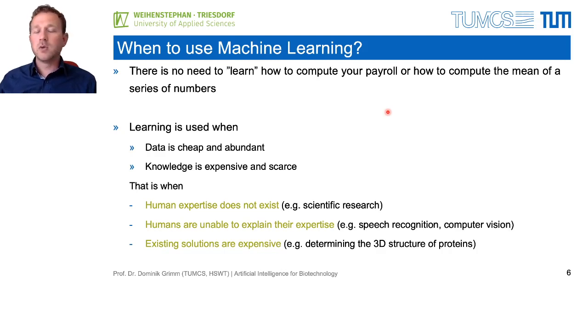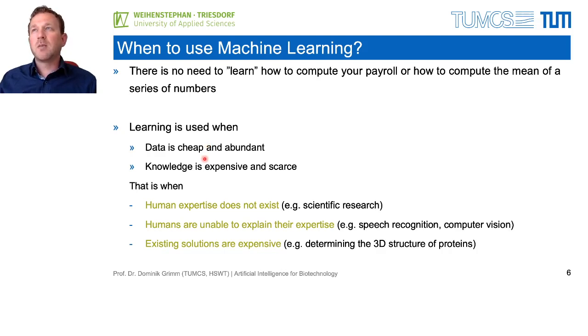So when is learning used? Learning is always used when data is cheap and abundant. So what do I mean with cheap? Cheap is relative here. So for example, data can be also expensive. But sometimes it's better to buy this or produce this expensive data because in many cases expert knowledge is more expensive.